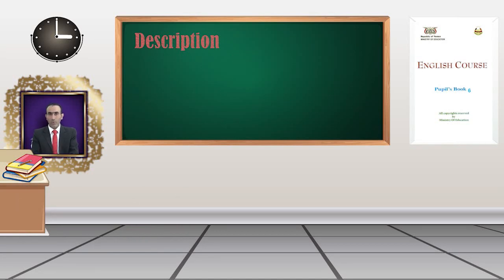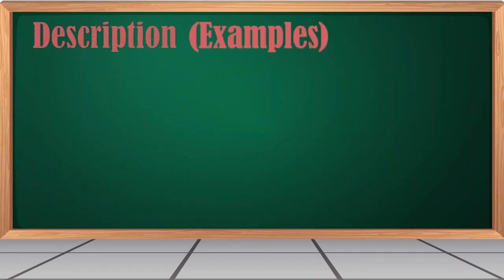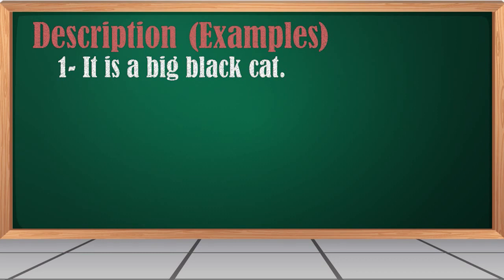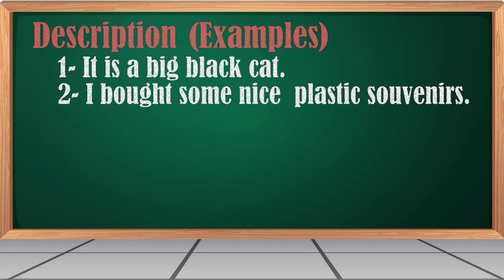So all of them are kinds of adjectives. Examples. Number 1, it is a big black cat. A big black cat. So start with size, then color. Number 2, I bought some nice plastic souvenirs.